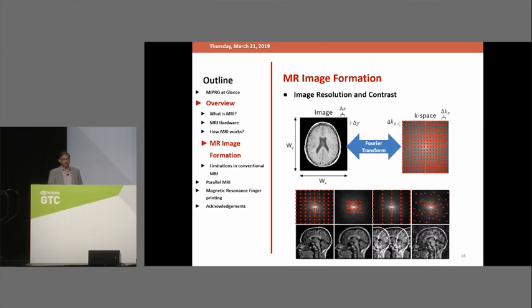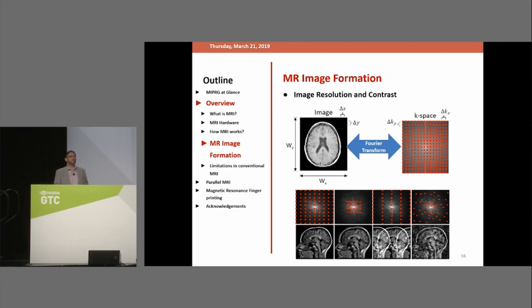As this slide shows, we acquire the data in the Fourier space, and then we have to apply the Fourier transform to get to the image space. Although we can play back and forth, we can always go from the Fourier space to the image space, and then from the image space back to the Fourier space.